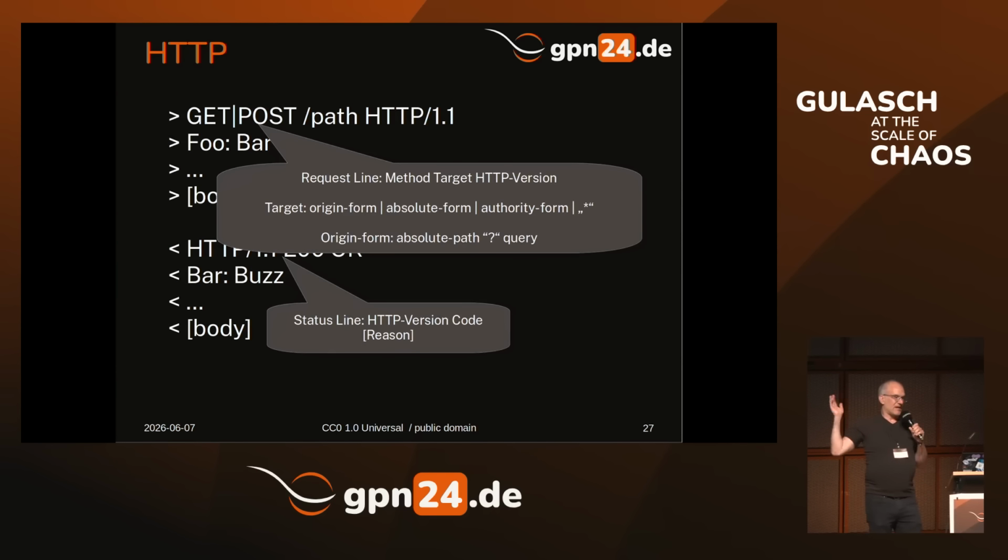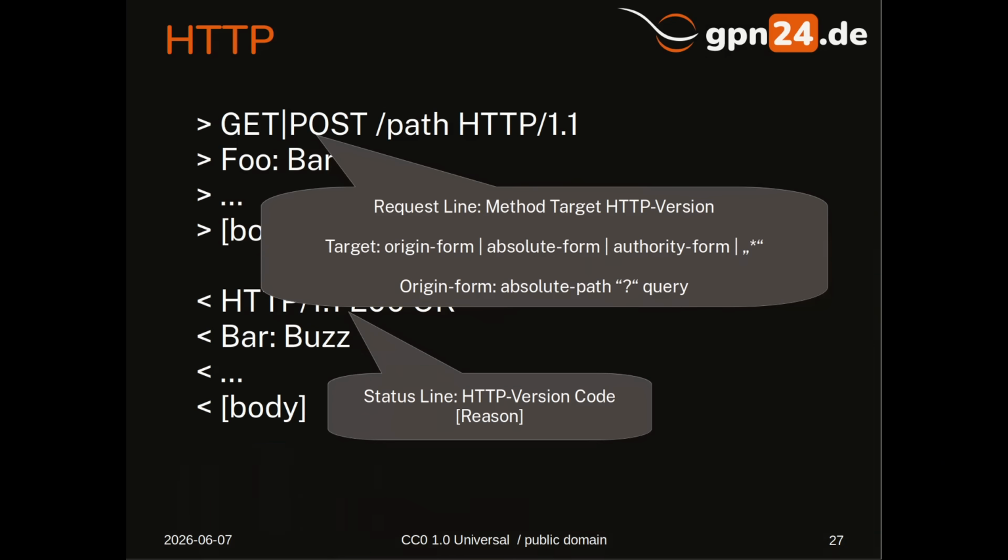For instance, the request line can, in the second place, have basically 4 different things. The origin form is the standard one where it's basically a path. Then there's the absolute form where you actually have HTTPS:// and so on, then the authority form, which is just the host name, and a star, which is only used for HTTP OPTIONS.